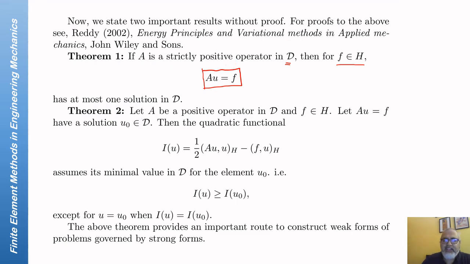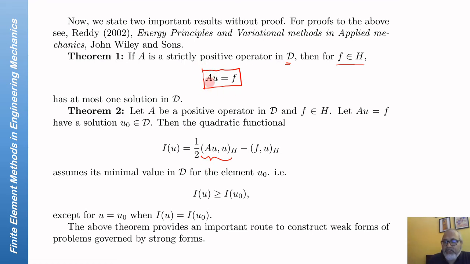The second theorem is that if A is a strictly positive operator, then we can generate the quadratic functional I(u) equal to half of (Au, u) minus (f, u). So this is the first inner product and this is the other inner product that you form with the right hand side. So minimizing this quadratic functional gives you the same result as solving this.